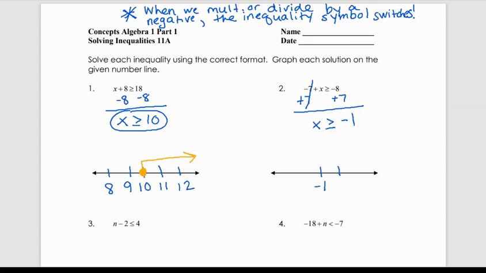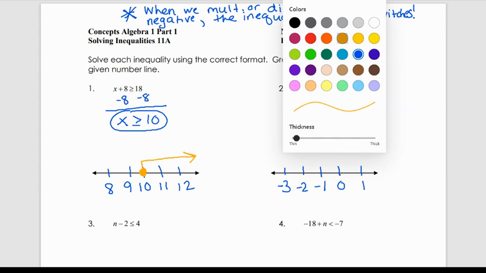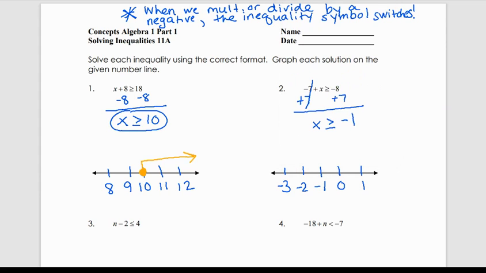What are the 2 numbers that go to the right? 0 and 1. Very good. And then to the left would be negative 2 and negative 3.